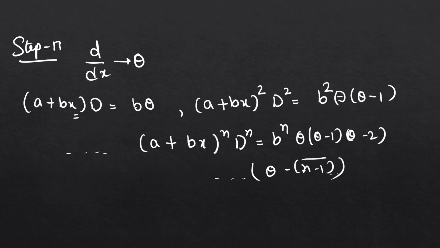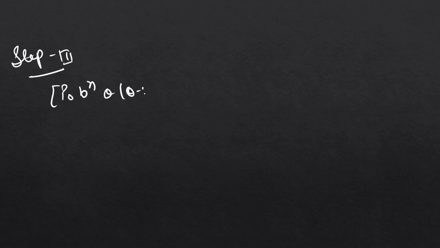After replacing it, then our step number 3. What is in step number 3? In step number 3, we will put all these values in our equation. Like P naught b^n theta (theta minus 1) up to theta minus (n minus 1), because there is D raised to power n.